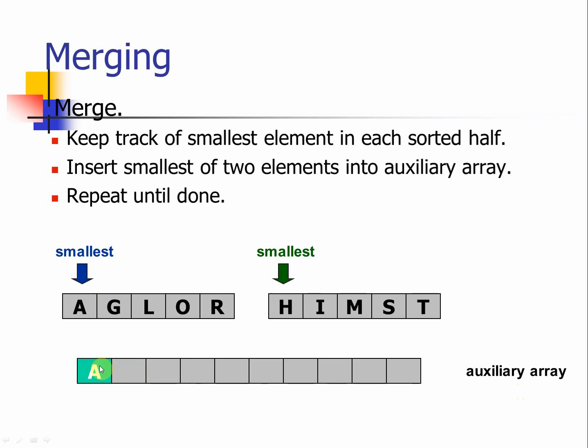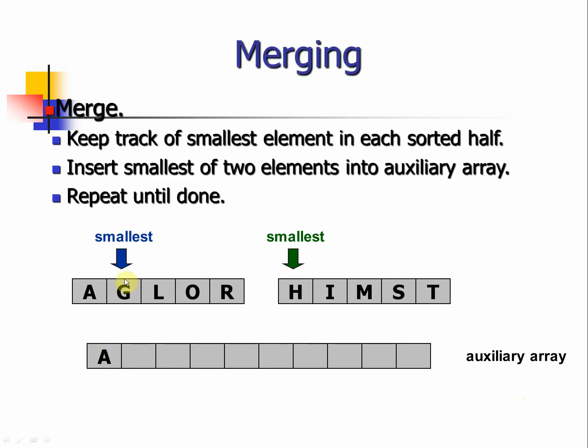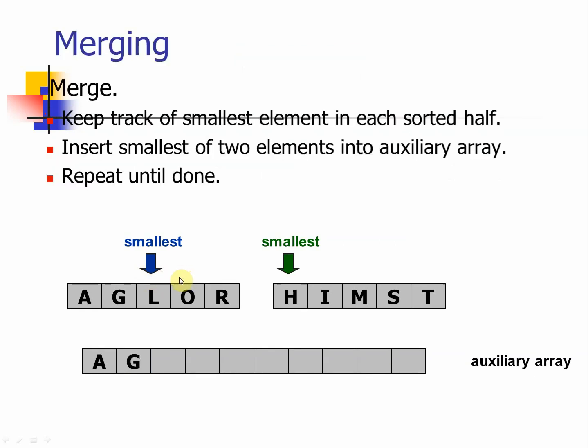So we have A over here, and then we compare. When we find the smallest one on the left segment, we move to the next one, compare G and H, and G is smaller. So the index goes to the next one on the left segment, compare L and H, and H is smaller.